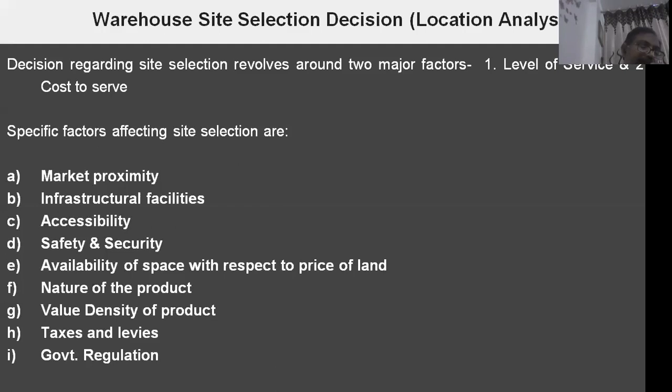Then also the last point is government regulation for some items like hazardous items, or items which can harm the safety and security of the general public. Government has laid down some regulation for storing those items. So these things are regarding your location analysis.